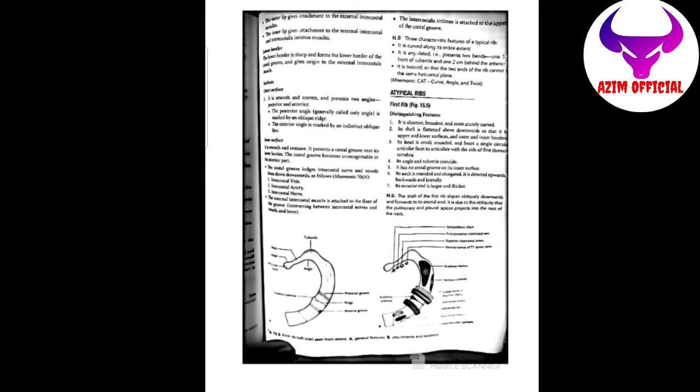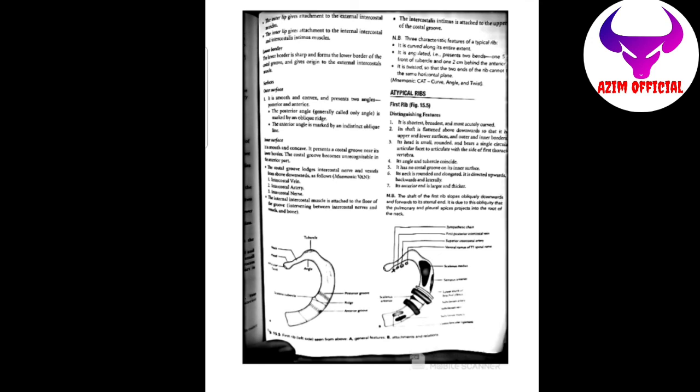Number one, it presents a scalene tubercle at its middle, and the tubercle and adjoining part of the upper surface provide attachment to the scalenus anterior muscle. This is the first point. And the second point is it provides attachment to the Simpson's fascia, whose other name is suprapleural membrane. As we know, the inner border forms the thoracic inlet.